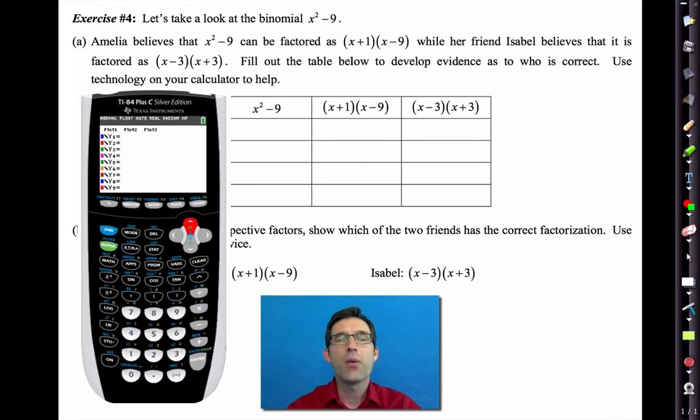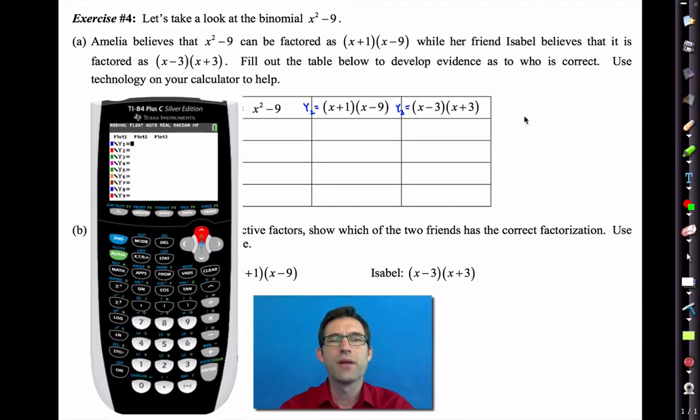Okay, so now our first expression, x squared minus 9, we're going to put in y1. Our next expression, x plus 1 times x minus 9, we're going to put in y2. And our last expression, x minus 3 times x plus 3, we're going to put in y sub 3.